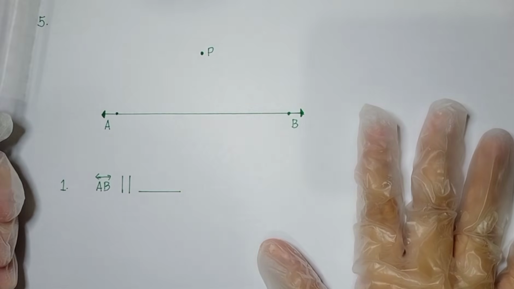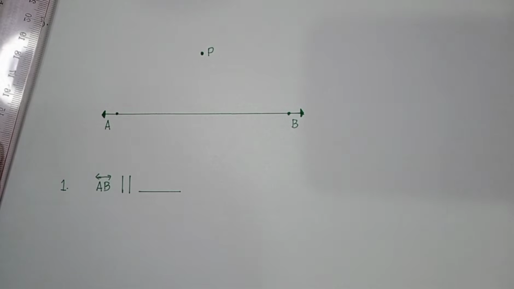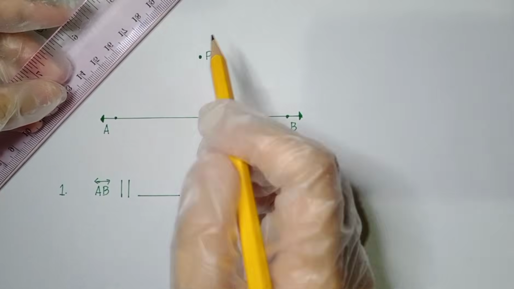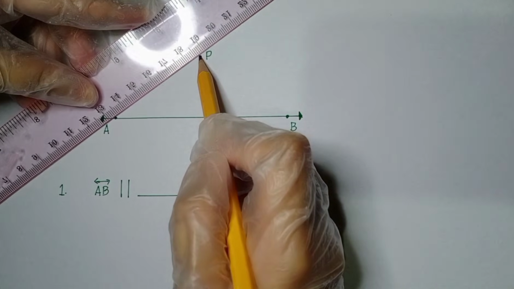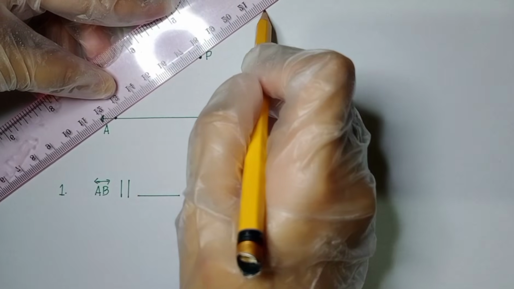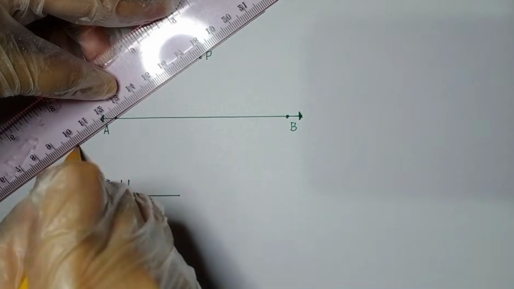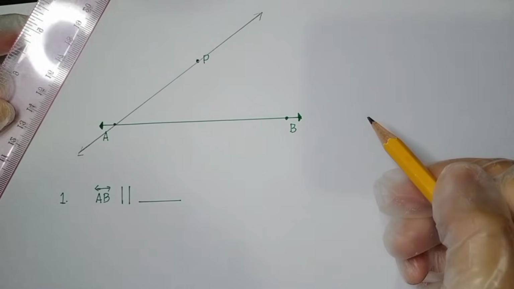Okay, so ang unang-una po natin gagawin is, i-connect po natin yung ating point dito sa P. Okay, connect natin. So, mag-draw tayo ng line AP. Okay, so ito ang ating line AP.